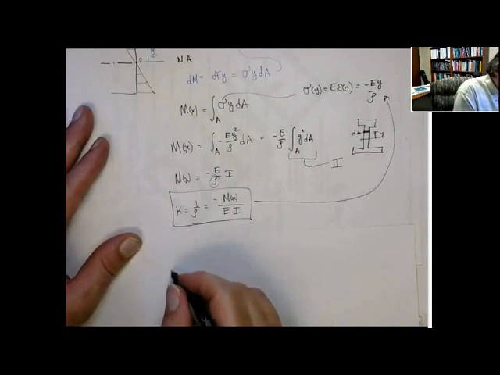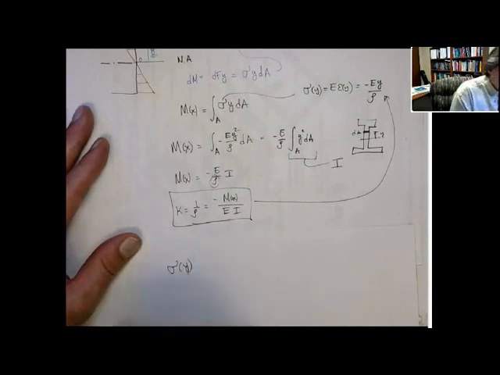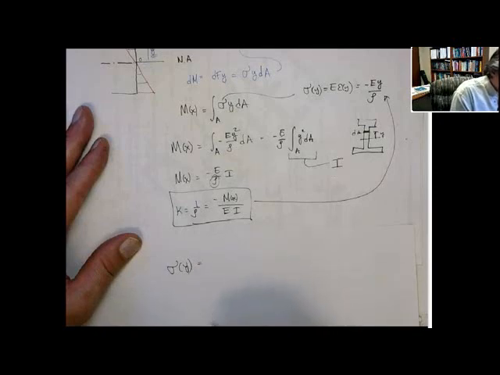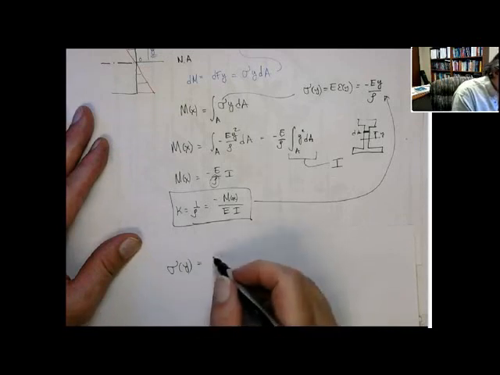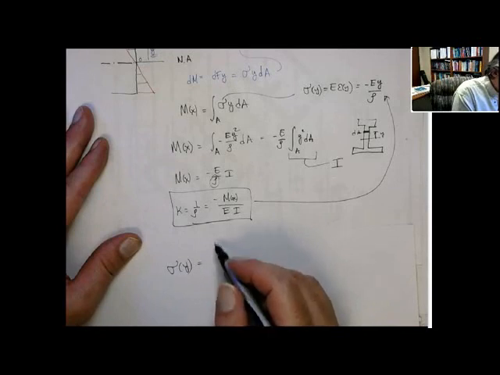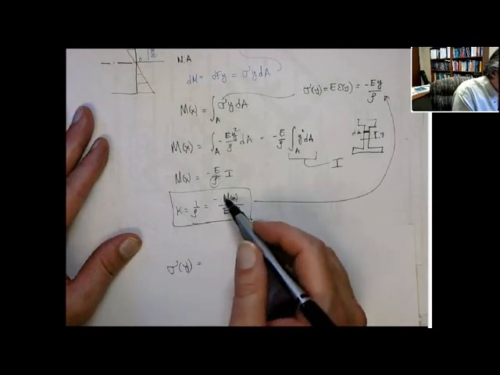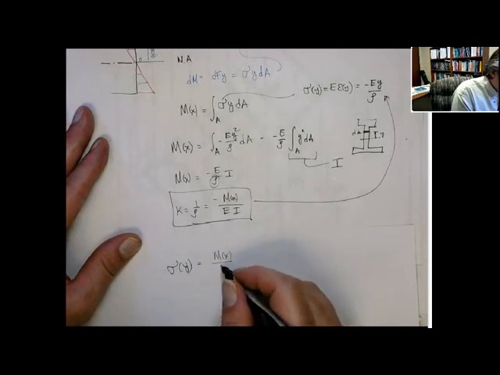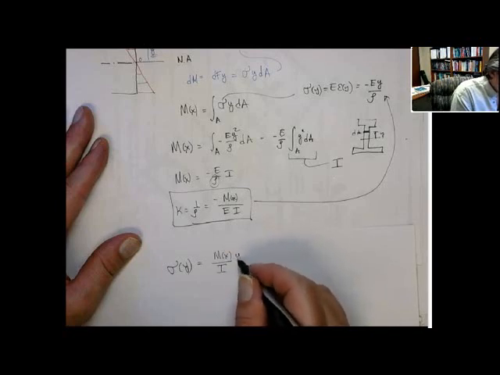I get that the stress, a function of y, is equal to minus E on rho, so E on rho, I multiply this by E, M of x over E I times y.